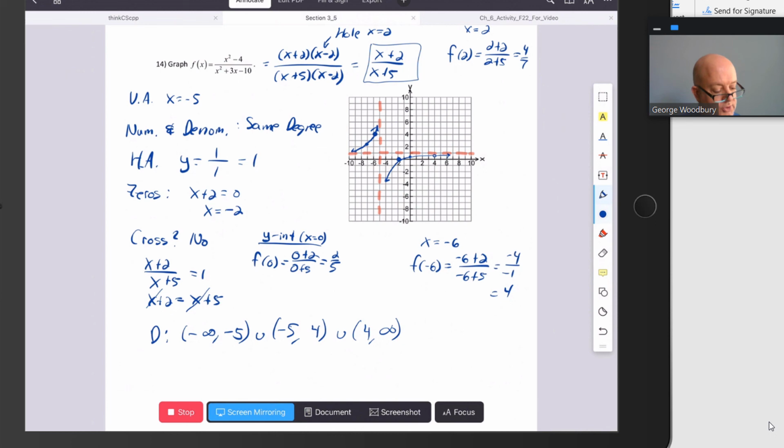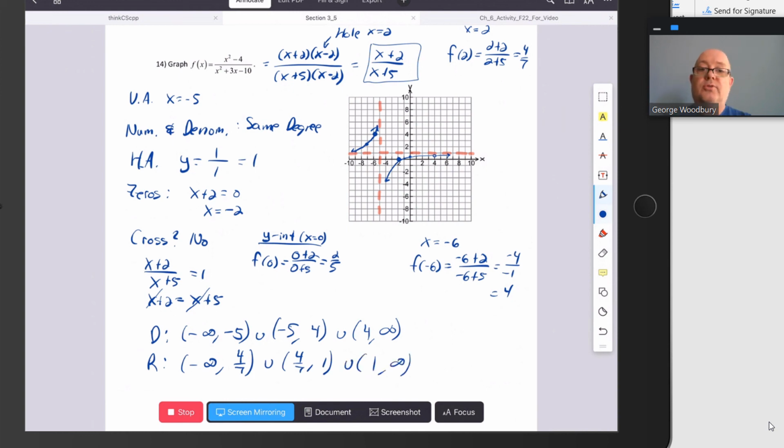The range would be from negative infinity to 4/7, the y-coordinate of the hole. And then it's going to be between the hole and the asymptote, which we know isn't a lot of room, 4/7 to 1, and then finally from 1 to infinity.